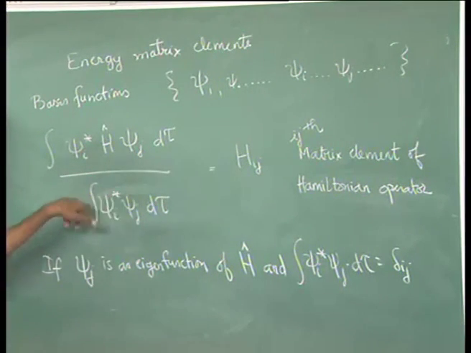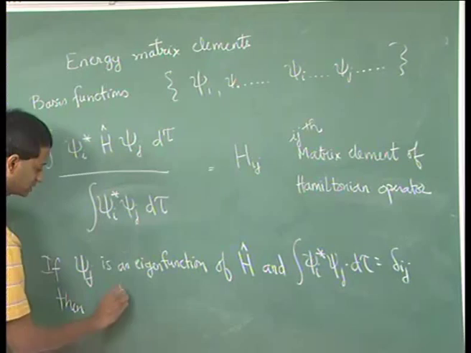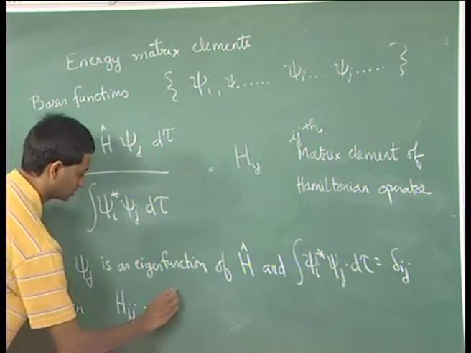I mean these vectors form an orthonormal basis. Then Hij is equal to E.